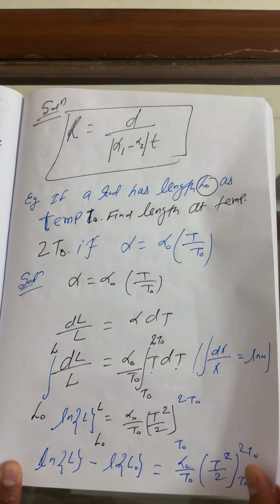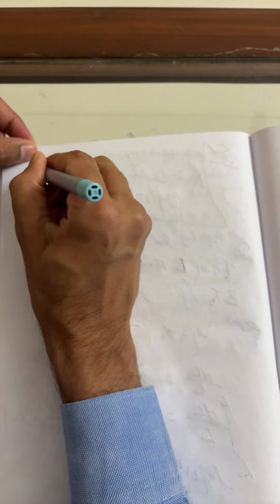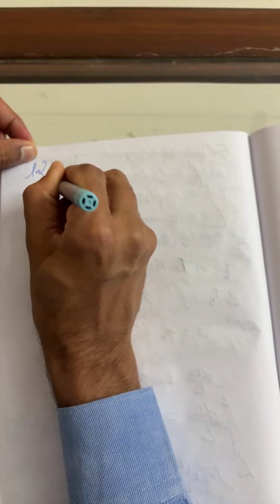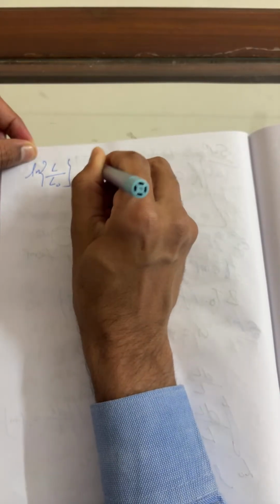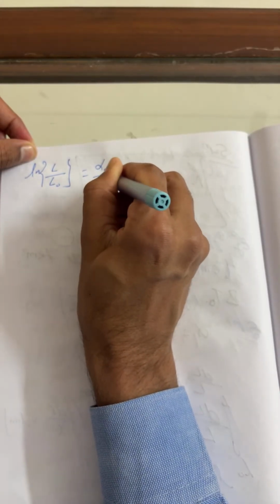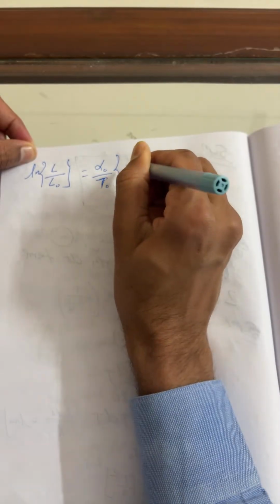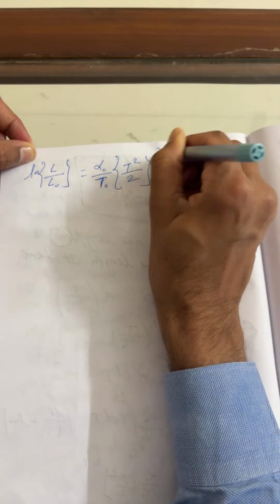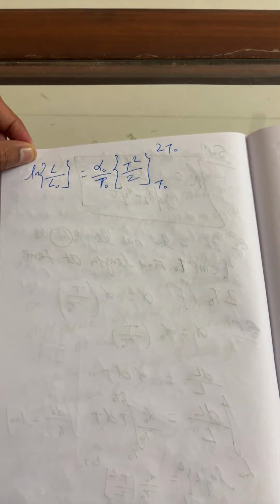Next part. See here. What can you write? This is ln of L upon L naught is equal to alpha naught beta g T naught, this is T square by 2, beta g, T naught to 2 T naught.